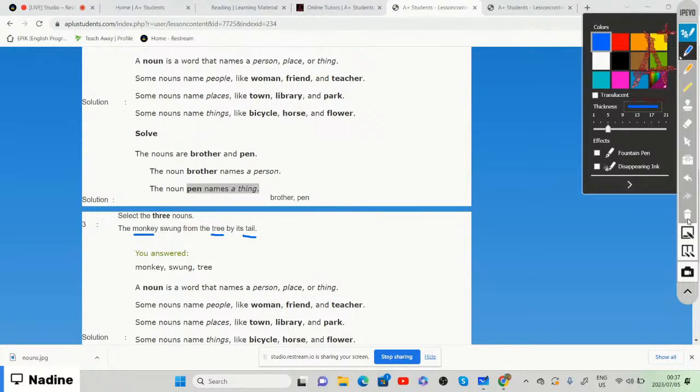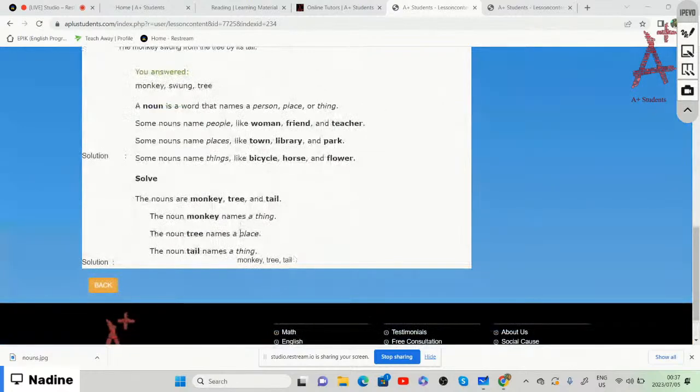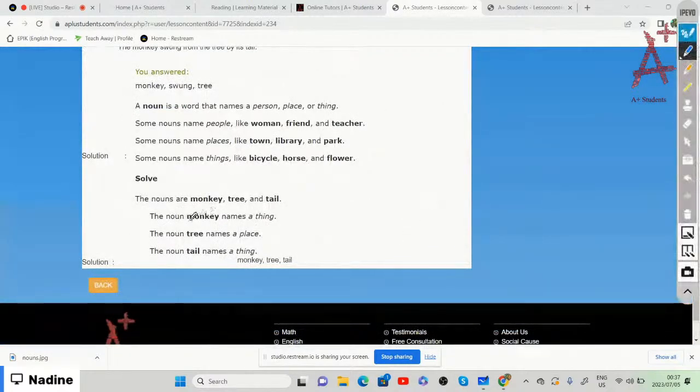So those are the three nouns that we have selected: monkey, tree, and tail. Monkey names either a thing or animal. Tree is a place, where by the tree, and tail is a thing, that we can identify or select as a noun.